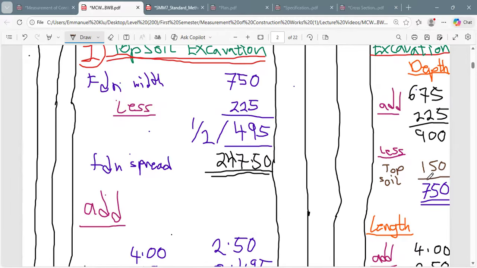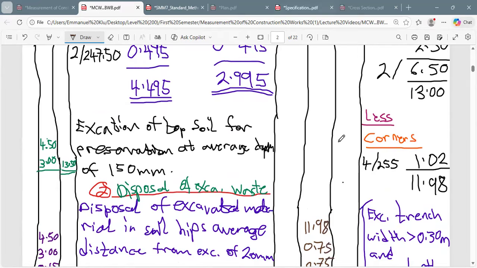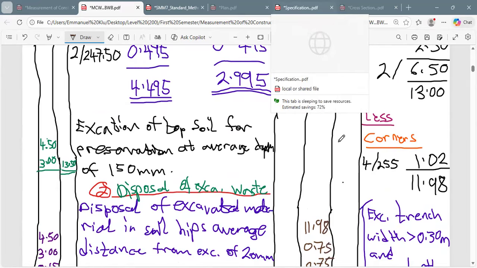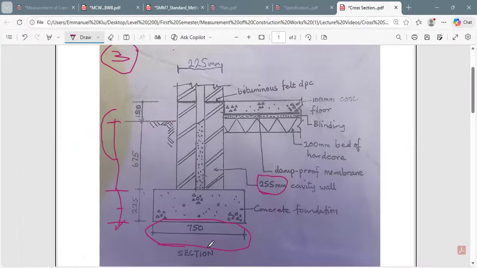We had 750. 750 divided by 1000, you get 0.75. That is what we are writing over there. And you remember that I told you the section, this is the breadth or the width, whatever. So that is why I'm also writing 750 over there. So don't get confused.